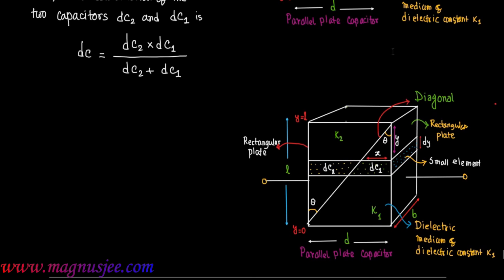This is the equivalent capacitance of the series combination of two capacitors of capacitances dC2 and dC1.